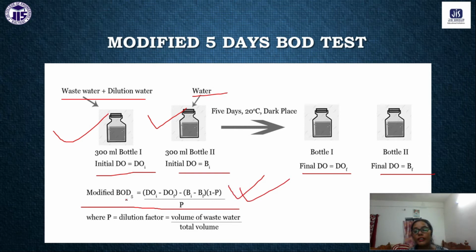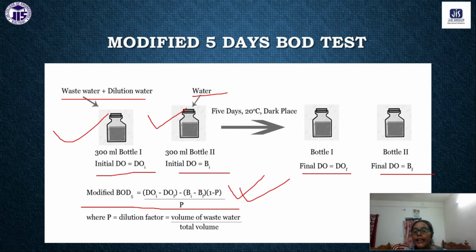From the modified test, the BOD 5 will be (DOI minus DOF) minus (BI minus BF). As such, DOI minus DOF gives you the BOD of bottle 1, that is total BOD. Total BOD means wastewater plus water, right?